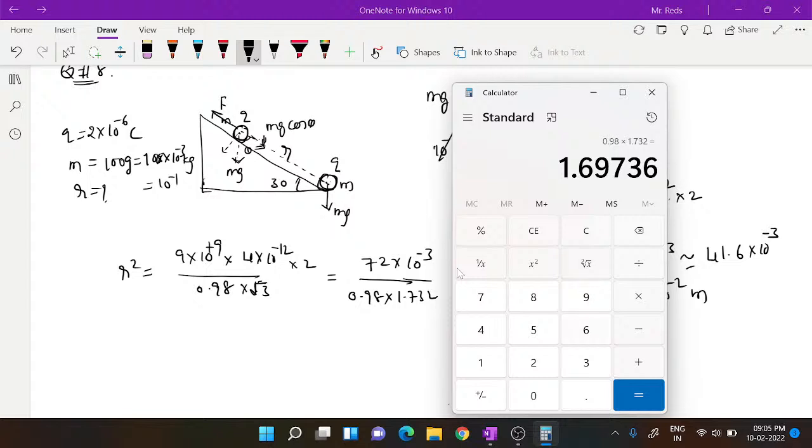72 divided by 1.7, let us say 1.7, is 42 point this. Square root of this, 6 point.